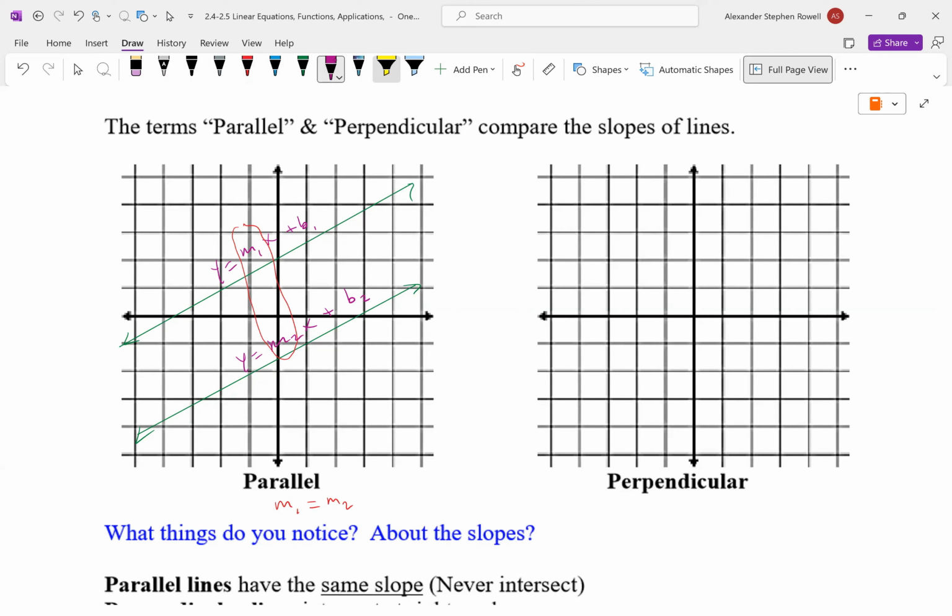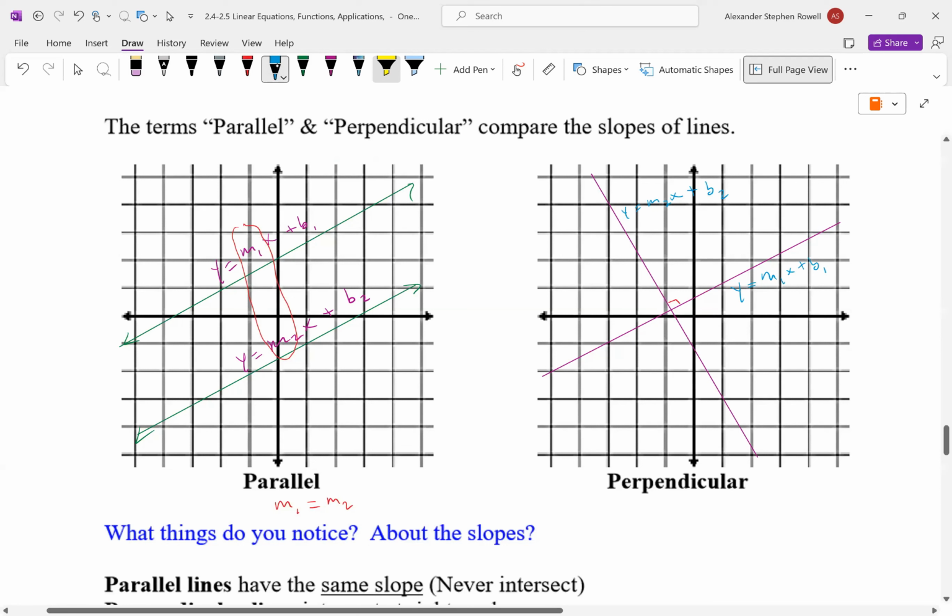Okay, what about perpendicular lines? That's right. So if these lines intersect at a right angle, and I write one equation as y is equal to m1x plus b1, y is equal to m2x plus b2, the slopes are called negative reciprocals.